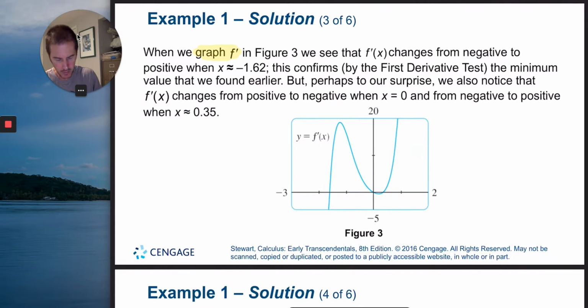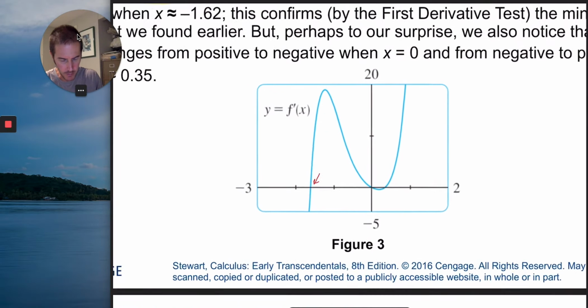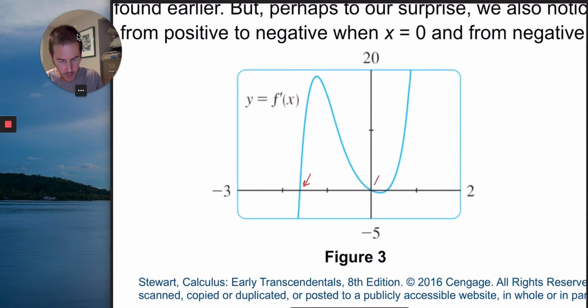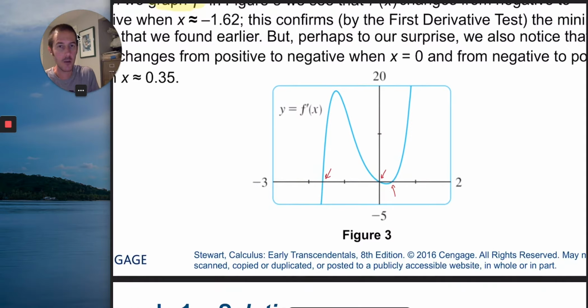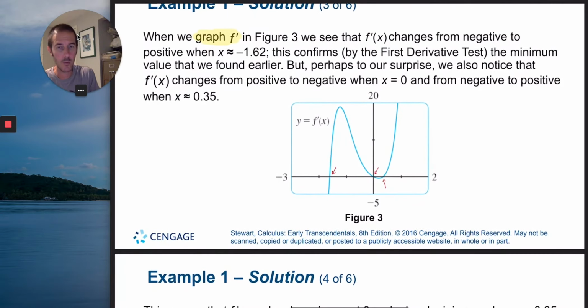And I'm seeing one here. And if we look carefully, and if we've got our viewable window set correctly, we're able to see one here and one here. So in fact, our graph has 3 different points where it should have a horizontal tangent line. We were not able to see that when we were looking at figure 2.